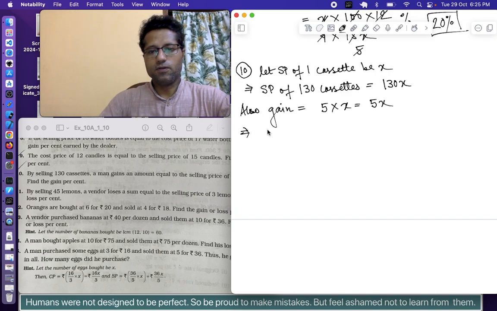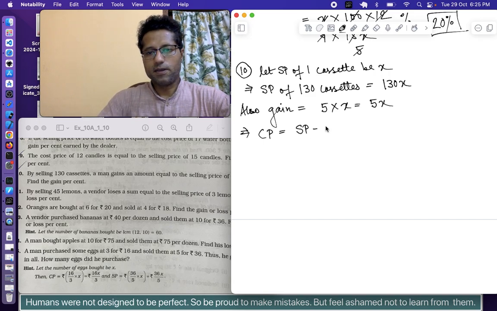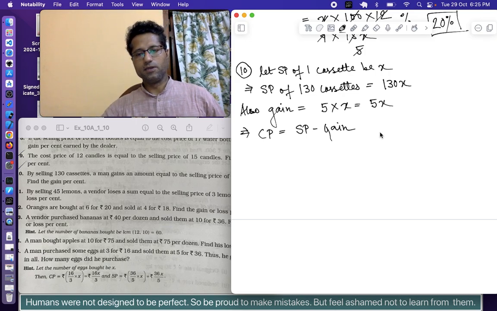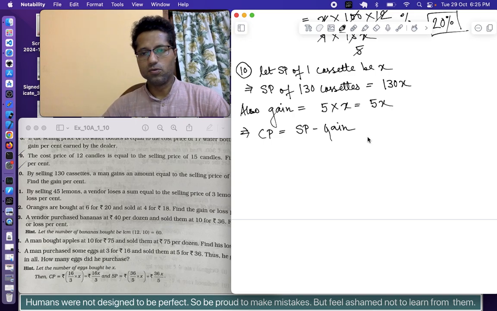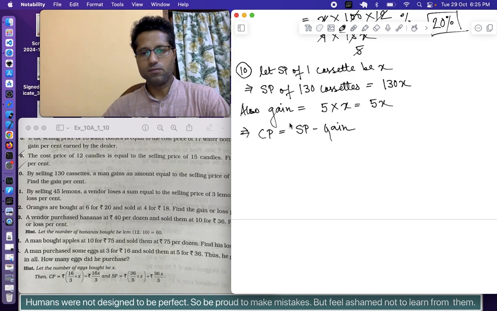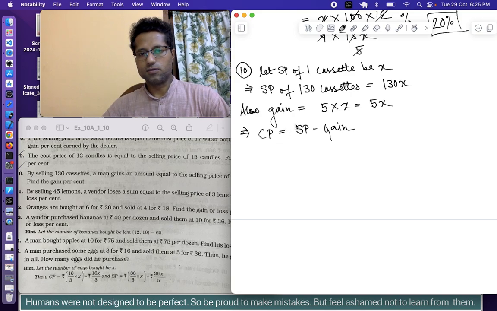We know that if there is a gain, then cost price will be equal to the selling price minus gain. We have to find the cost price, because to find the gain percent or loss percent, it is always based on cost price. You need to know the gain or loss and also the cost price. So the gain we have found is 5x, and the selling price of 130 cassettes is 130x.